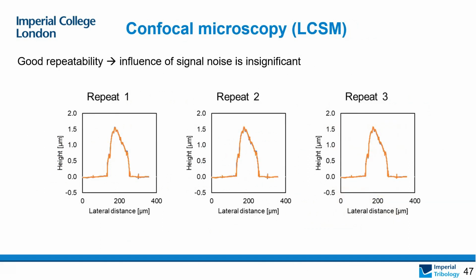To check the influence of noise, we have three line profiles here from repeated confocal measurements on the same transfer film. Since we are measuring the same film, any influence from the change of refractive index is eliminated. And as we can see, the repeats match perfectly with each other. This means that the effect of noise is insignificant.